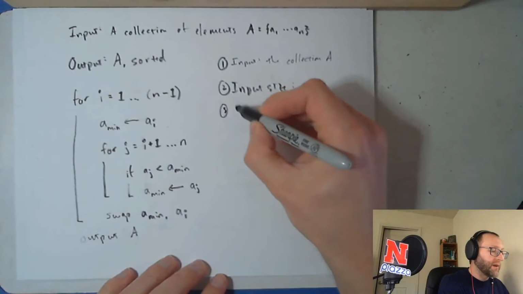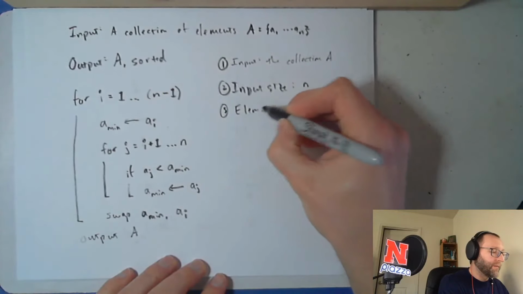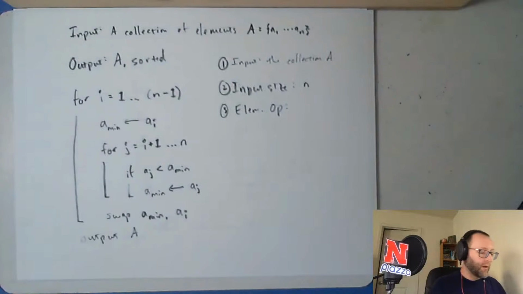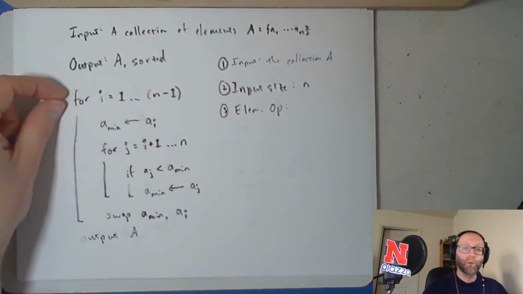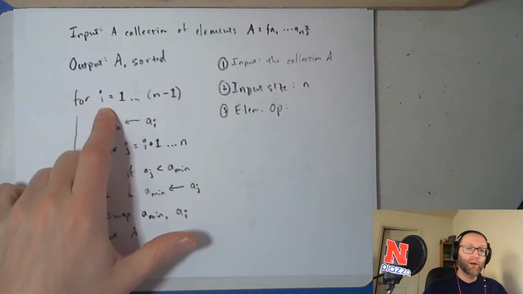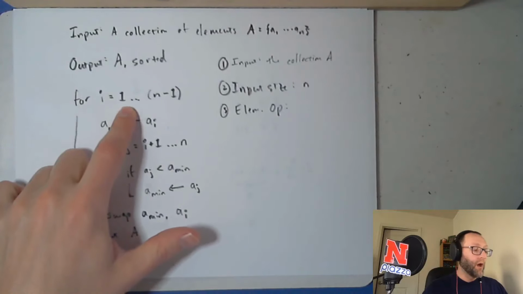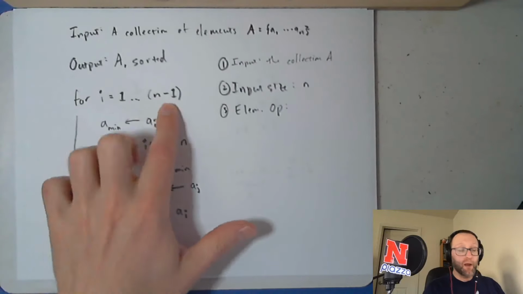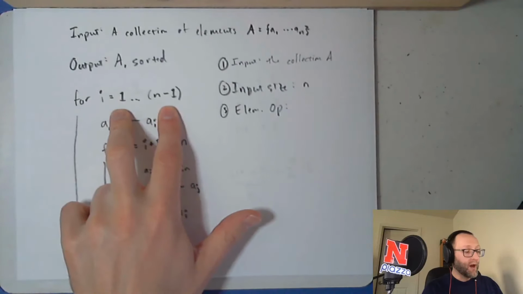3. What's our elementary operation? There are lots of things that we could choose from here. For example, in our for loops, we've got an assignment on every loop of our index variable, i. For every loop, we've also got a check to see are we done executing this loop, right?